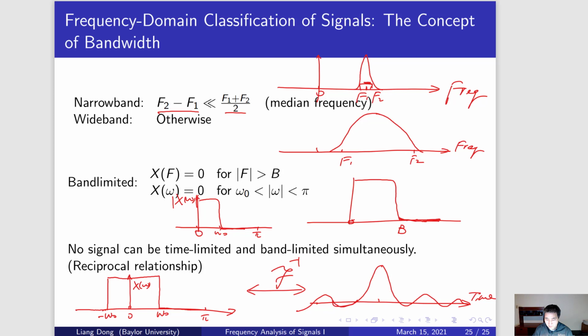And here is my time domain signal x[n]. It goes forever. It's not going to be limited in time. Therefore, while I have a perfectly limited band in frequency, I cannot limit the signal in time. It goes beyond to infinity.